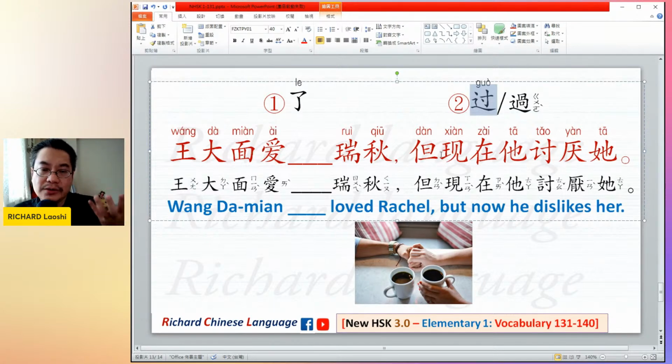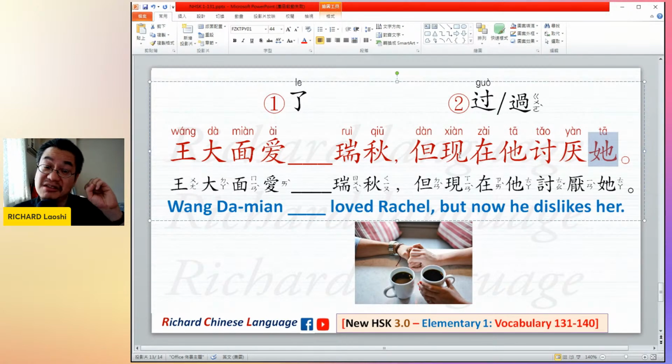王大面爱过瑞秋，但现在他讨厌她。Why should I use 过 here? Because when you use 过, you need to remember 2 key points. The first one is you're talking about the experience. The second one is the situation, the fact does not remain to the present time. Wang Damian doesn't love Rachel anymore.